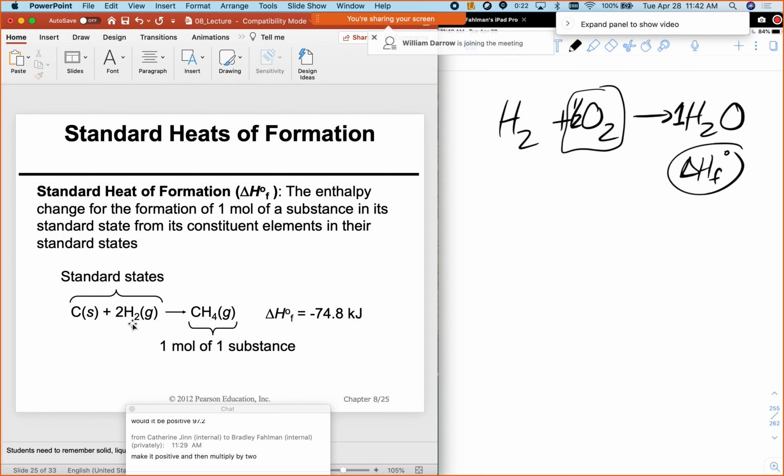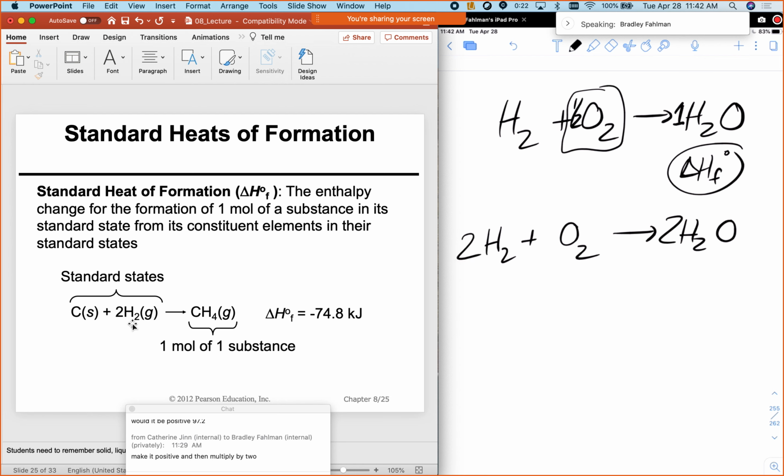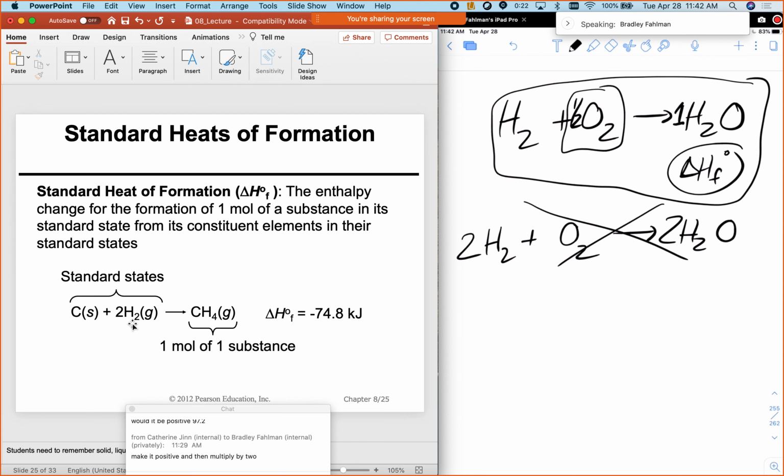So you wouldn't write it the way we typically do for water, where we balance it and need 2 of those and 2 of those. This is not the expression for delta HF for water, but this one is, because it's describing forming 1 molecule.